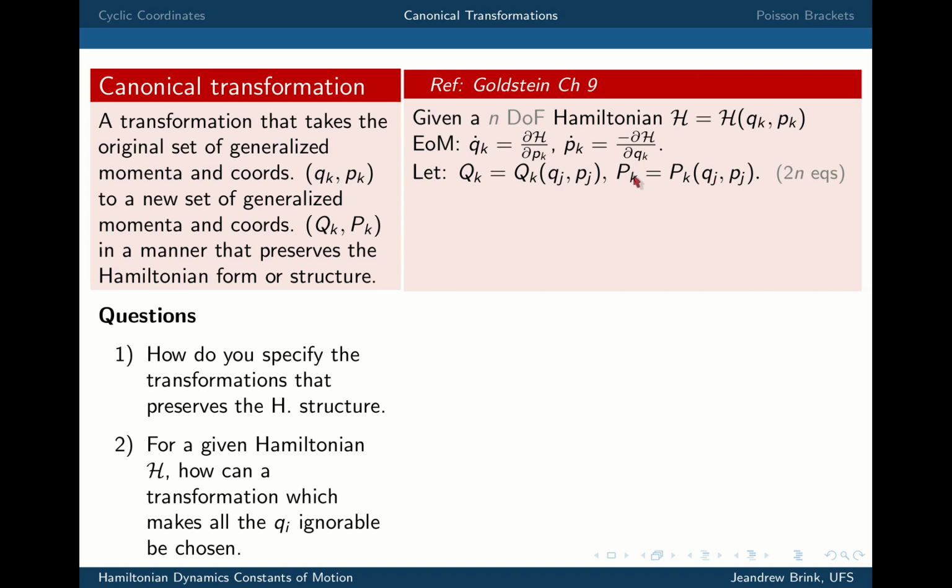So here what you've done is specify 2n equations for P and Q that have all the content of your transformation in it.